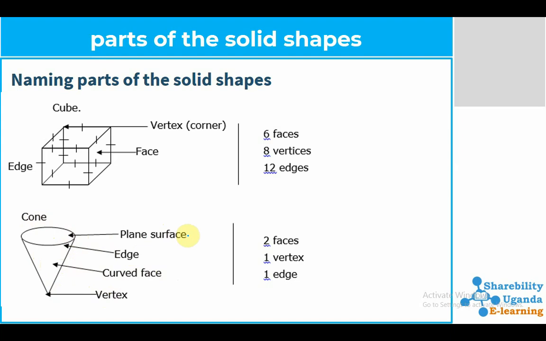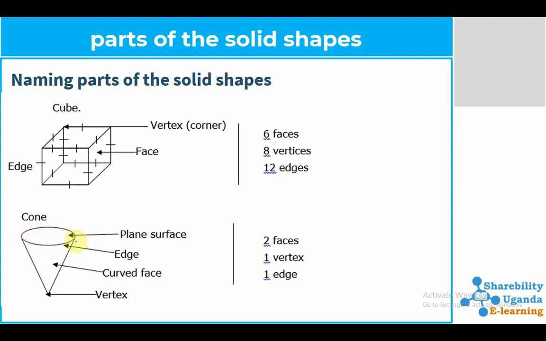So why do we bother to look at and tell you these parts? Because they can ask you to find the area of the plane surface. So you have to know that when they ask you to find the area of the plane surface, they only need this part.